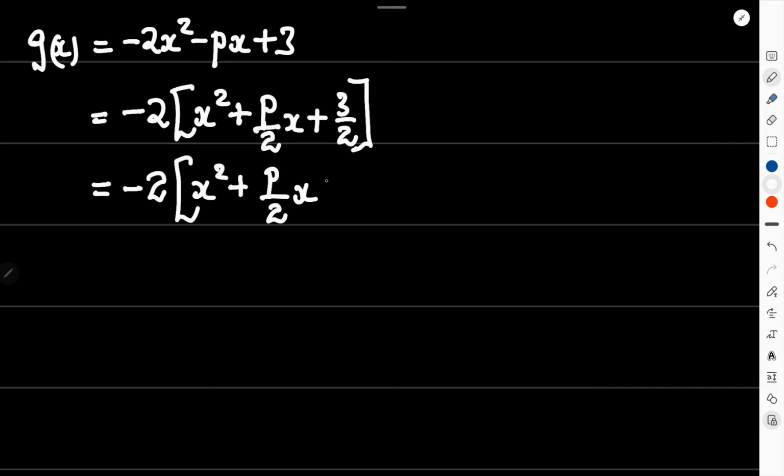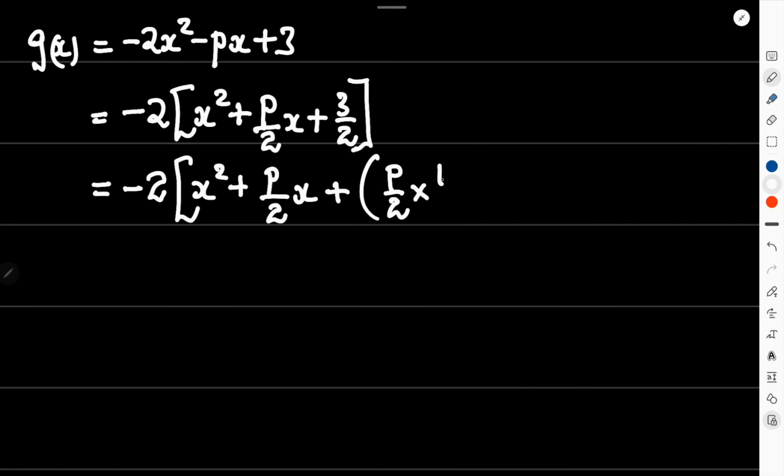Then when you complete the square, you need to halve the coefficient of x, or multiply the coefficient of x by half. Here is the coefficient of x.